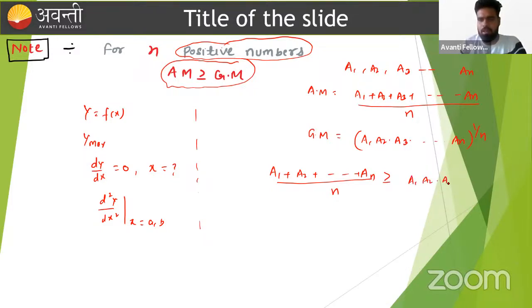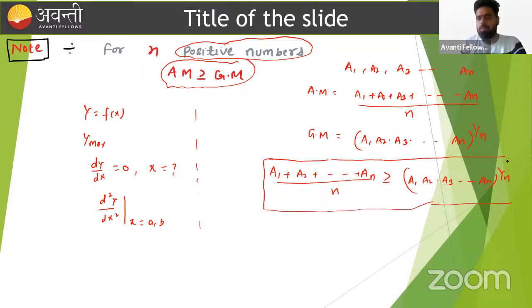So for n numbers, the arithmetic mean is greater than or equal to the geometric mean, (a1 a2 a3 ... an) to the power 1 by n. Because an inequality is involved, two types of questions arise: either we have to find the maximum value or the minimum value. So we have to think in this manner.